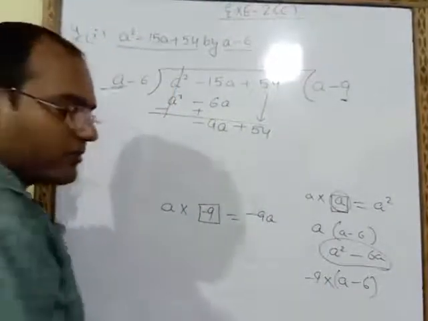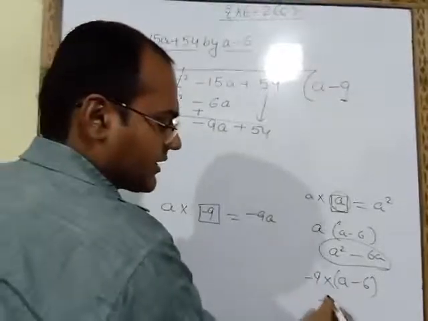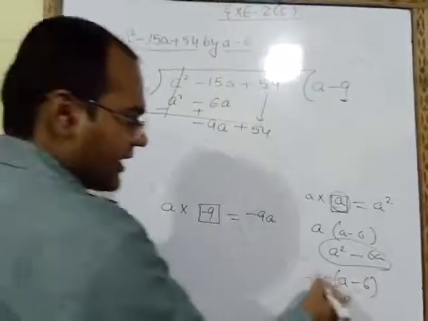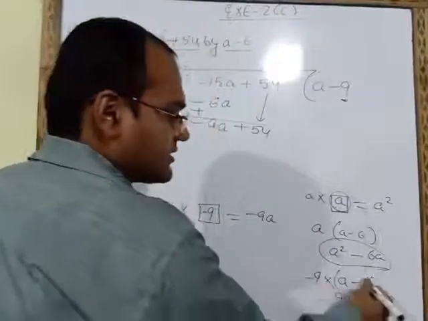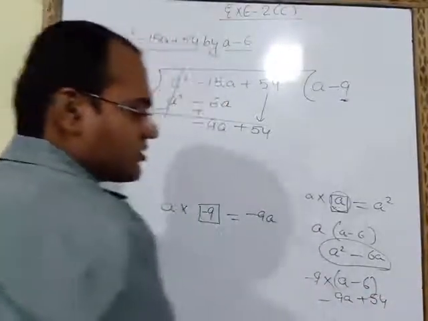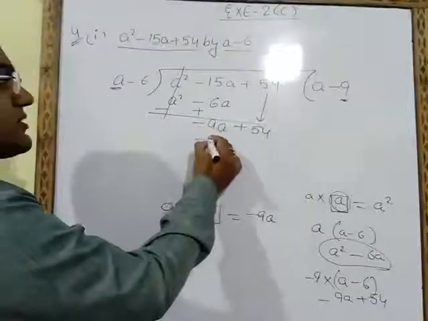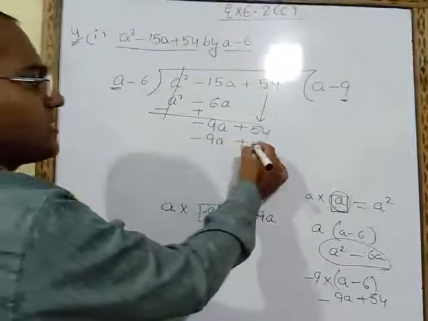First of all we multiply the signs. Minus into plus is minus, 9 into a is 9a. Now minus and minus is plus, 9 sixes are 54. So we are getting minus 9a plus 54. Here we will write minus 9a plus 54.